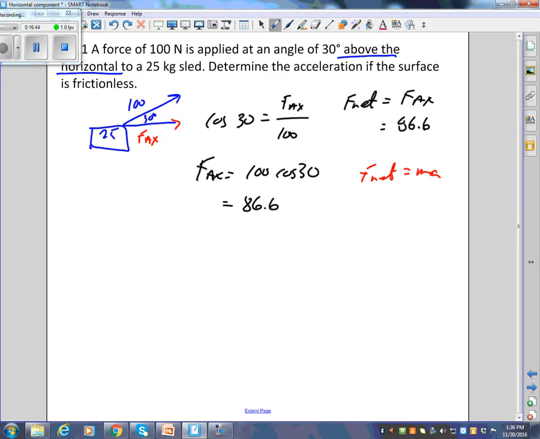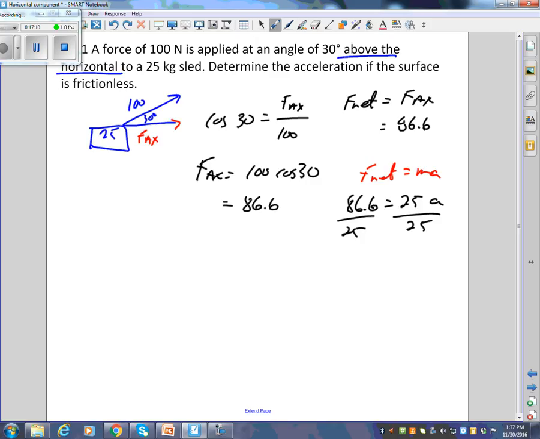If I said add up the number of calculators on that desk, well, there's one, right? There's only one thing to add. You're not adding anything. Then we're going to take that, and the 86.6 goes in for my FNet. And here we've got a mass of 25 times the acceleration. How do I solve that?